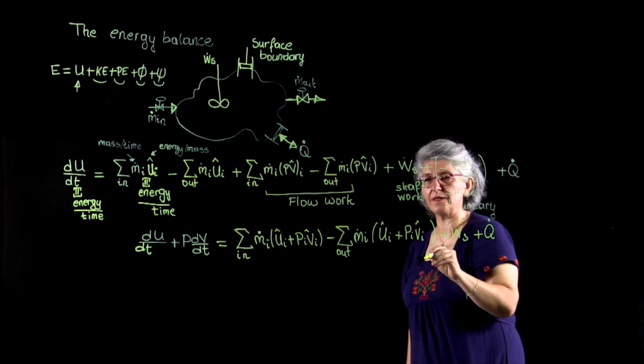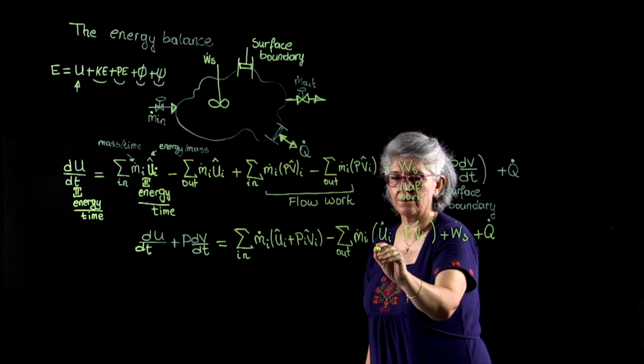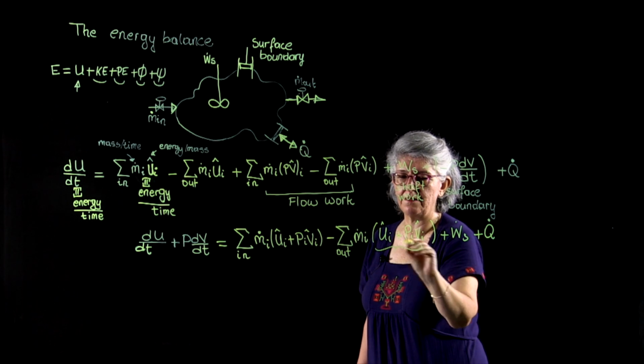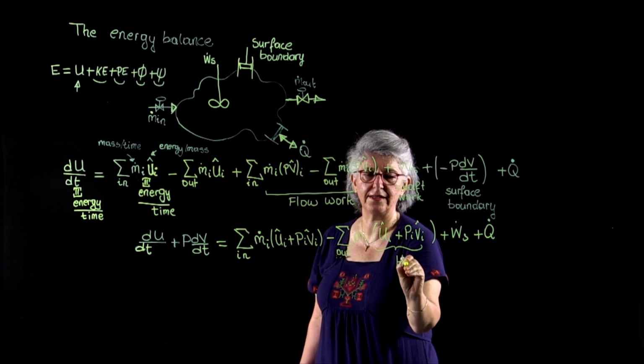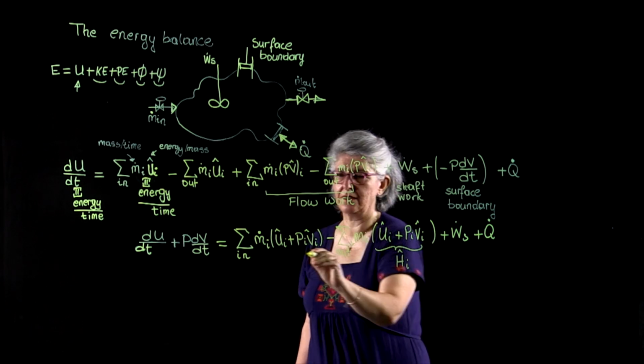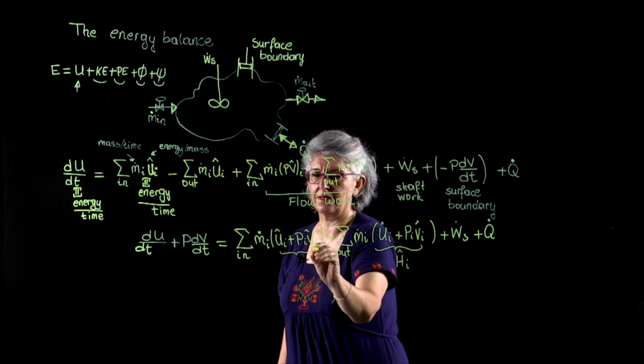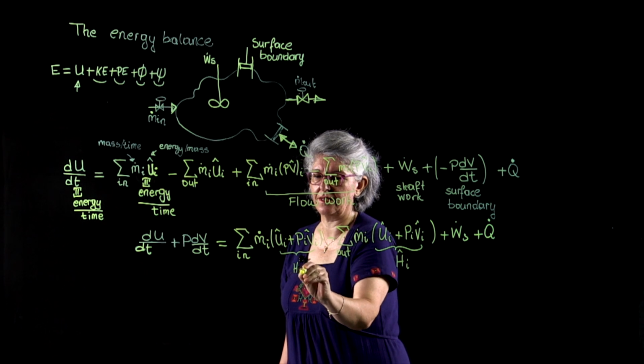Now we have a specific term for U plus PV. We call it H, enthalpy, H i.